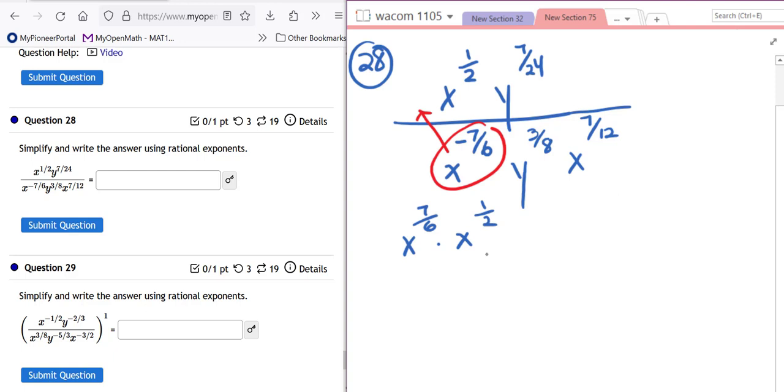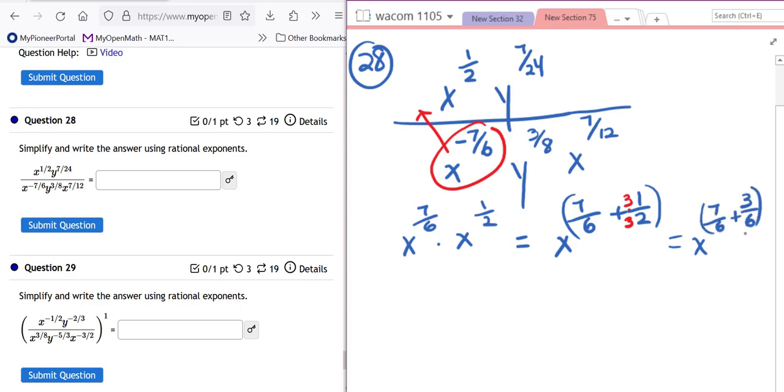We are going to keep the base and add. Which means you need a common denominator. 6 will work. So I have x to the 7/6 plus 3/6, which gives me x to the 10/6 on the numerator.